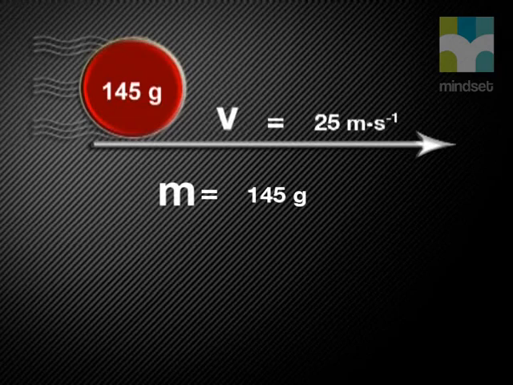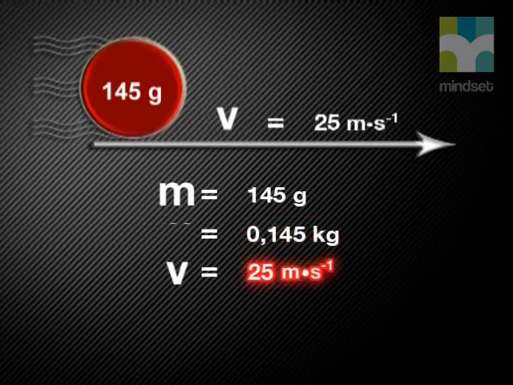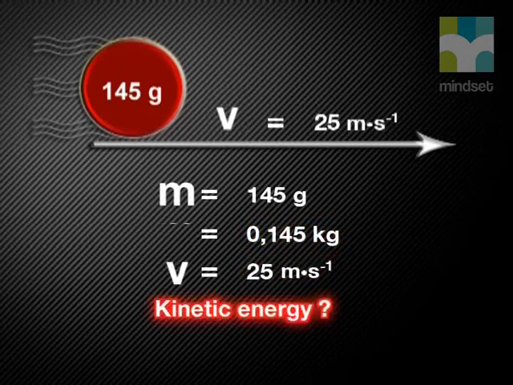It's always a good idea to begin by writing down the information given. Here we see that the mass is 145 grams. But remember, we need the mass in kilograms. So I'm going to record the mass given as 0,145 kilograms. The velocity is given as 25 meters per second, and we need to find the kinetic energy.